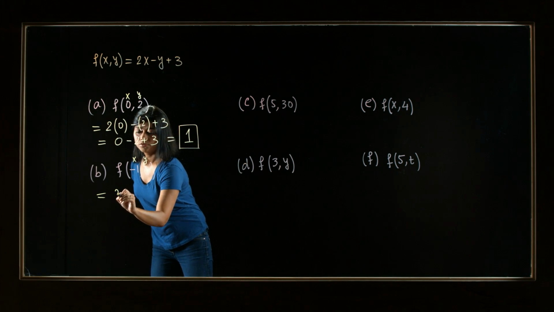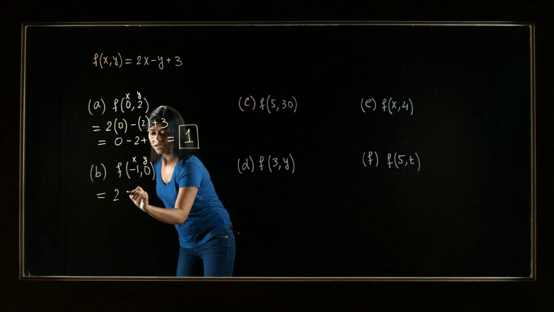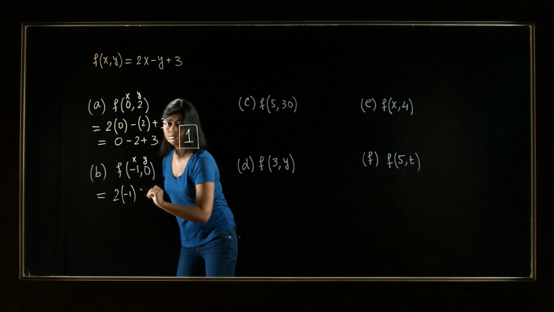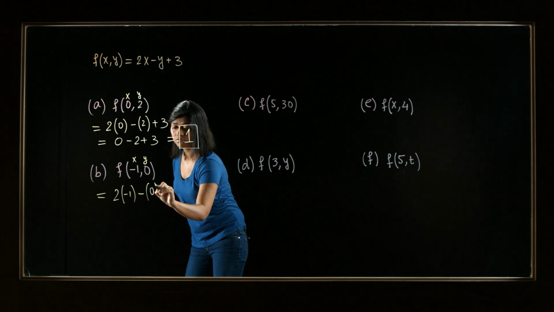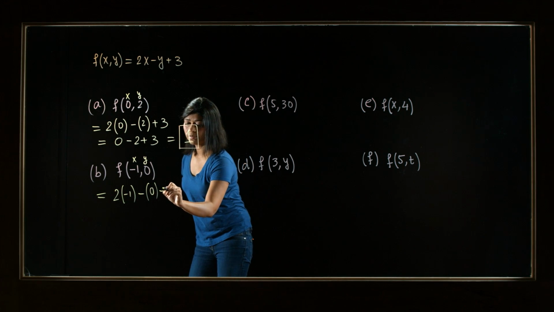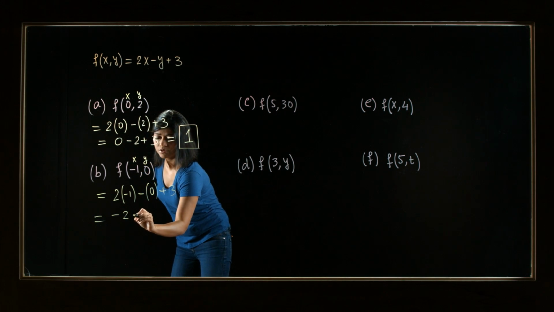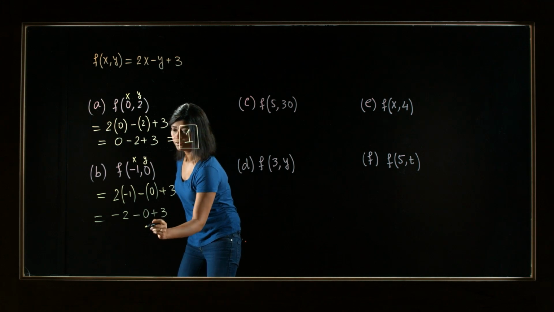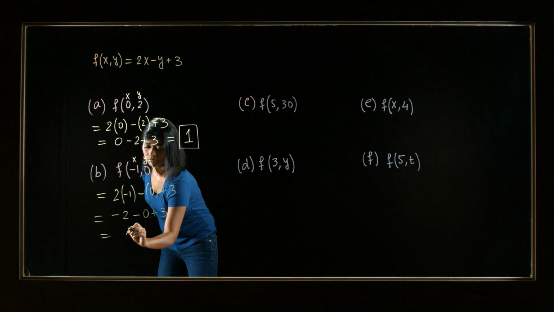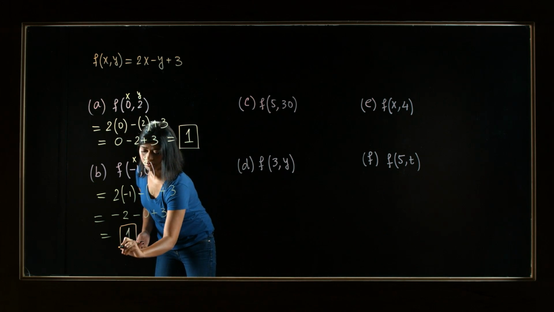So, the expression is 2x, but x is negative 1, so it's 2 times negative 1, minus y, but y is 0, so plug in 0, and then plus 3. Simplify, this is negative 2, negative 0, plus 3. So, 3 minus 2 is again 1. The second value is also 1.